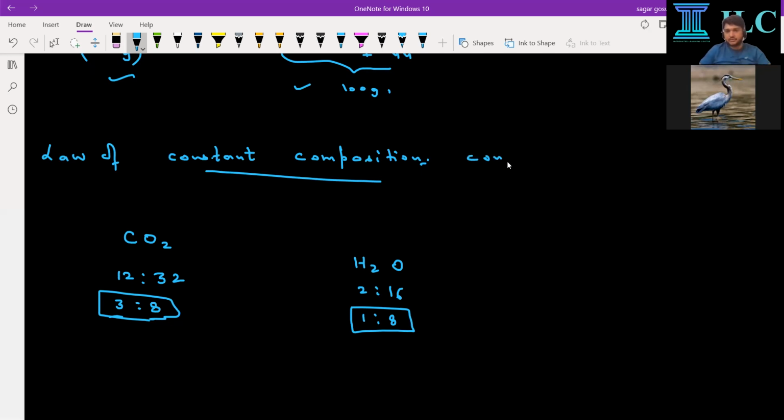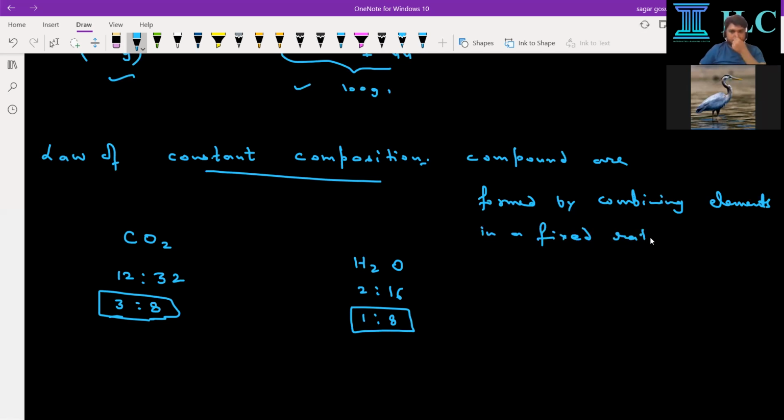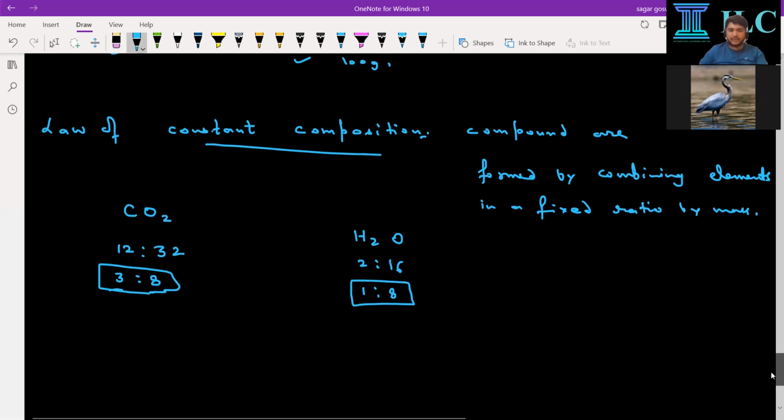So when compounds are formed by combining elements or atoms in a fixed ratio by mass, all compounds have a fixed ratio of mass.